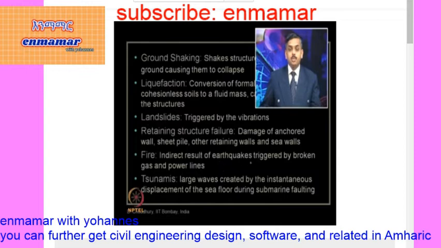During an earthquake, if your pipelines or gas lines and power lines, or the structures supporting those pipelines, are broken or damaged, then obviously the entire gas pipeline system or power system may collapse. That can automatically trigger fire in that area or locality, which finally creates a huge disaster at a particular site.